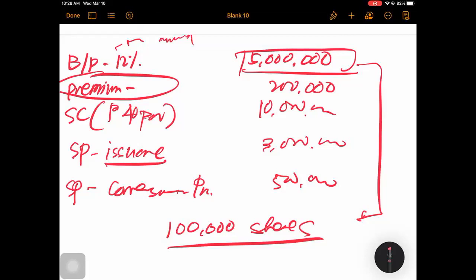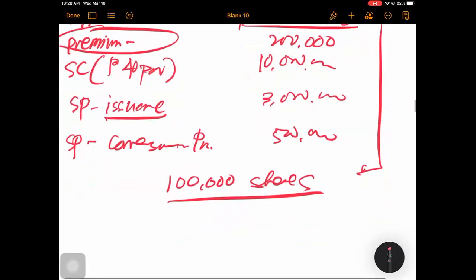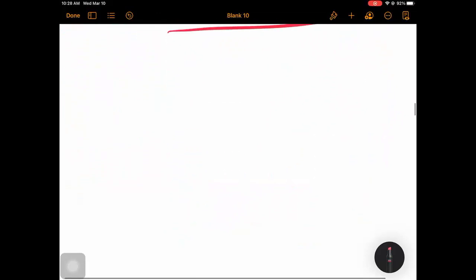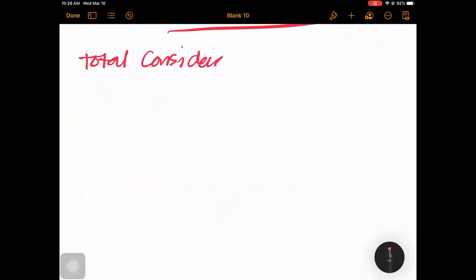Okay. So what is our approach here? First, we need to compute the total consideration. Upon conversion, what is our total consideration when we convert the bonds into shares?